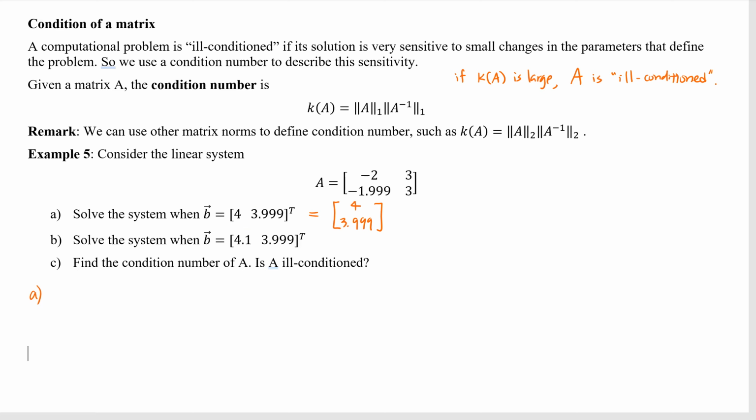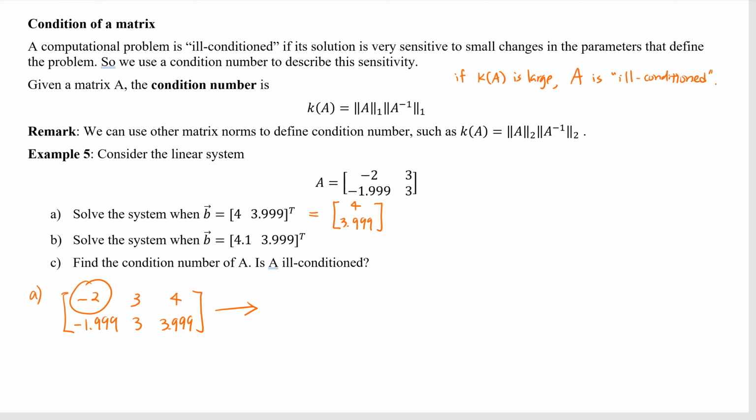Let's solve it. The augmented coefficient matrix is [-2, 3, 4; -1.999, 3, 3.999]. First step, we want to make this a one and then use that entry to clear the entry below it.